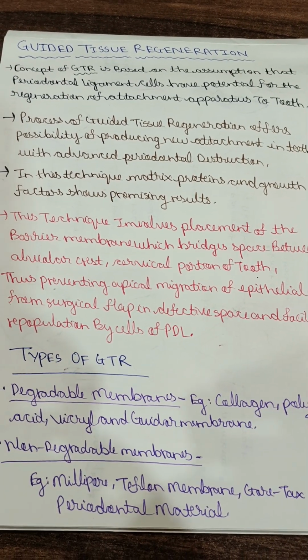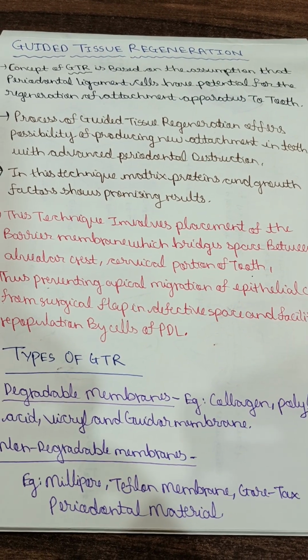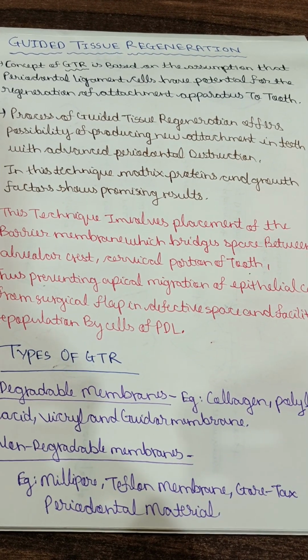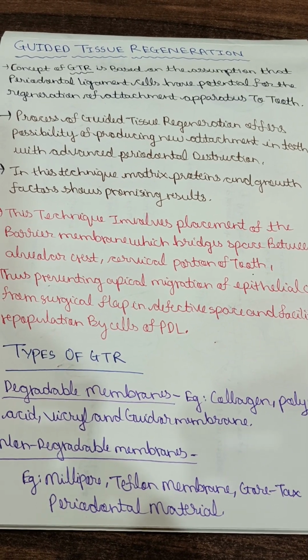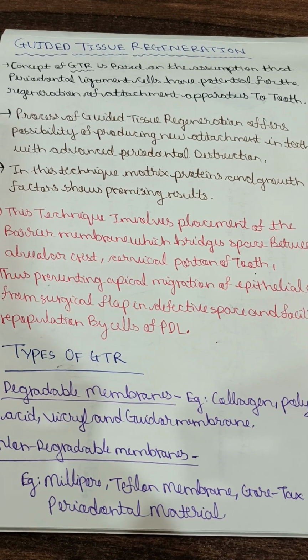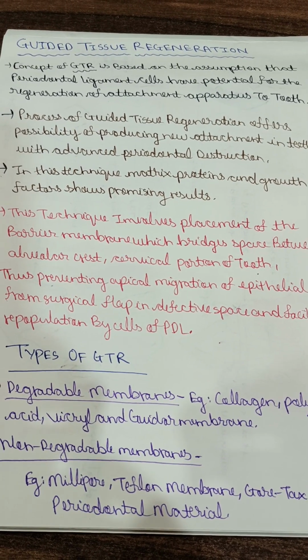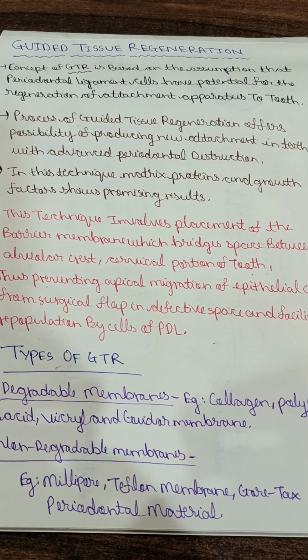So it is based on the assumption that only PDL cells have the potential for regeneration of the attachment apparatus to the tooth, but there is exclusion of epithelium and connective tissue. Why? Because epithelial cells, it is believed, interfere with the regeneration process, so there is exclusion of epithelial as well as connective tissue cells from the root surface.